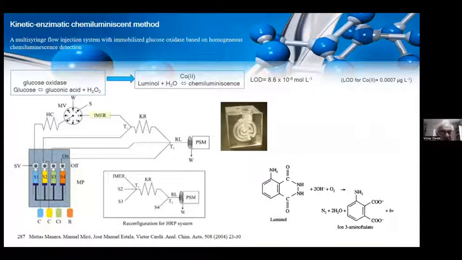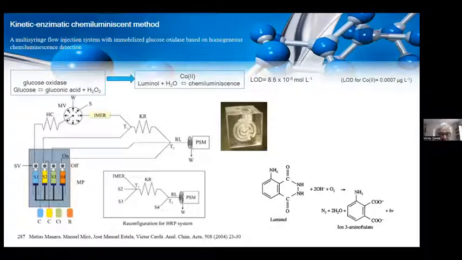Another detection system you can use is a chemiluminescence method. In this case, we have applied this to an enzymatic method using glucose oxidase. Glucose, in the presence of glucose oxidase, is transformed to gluconic acid and hydrogen peroxide.